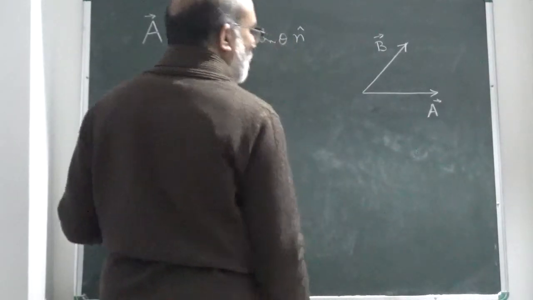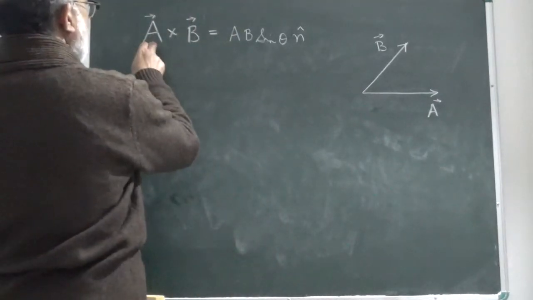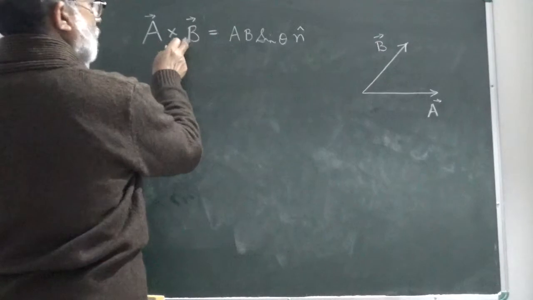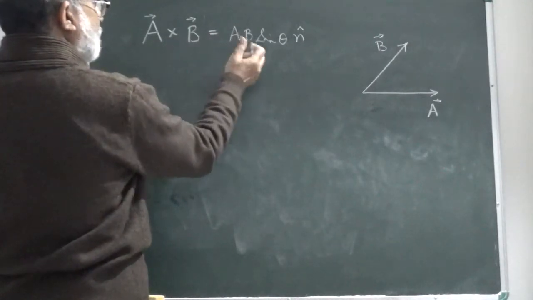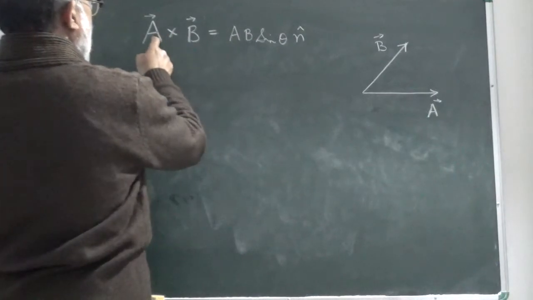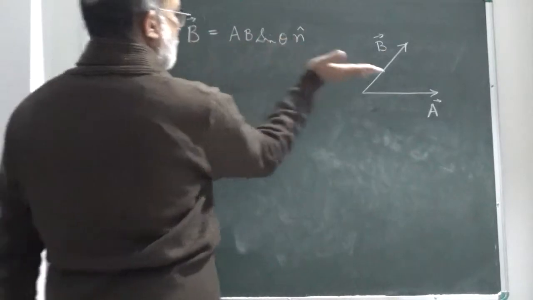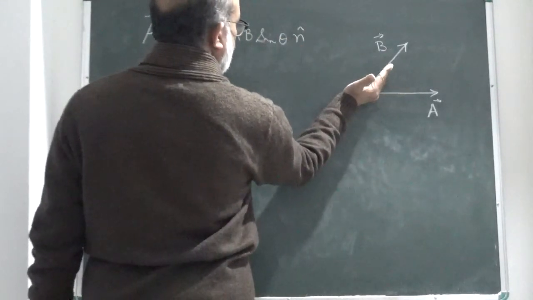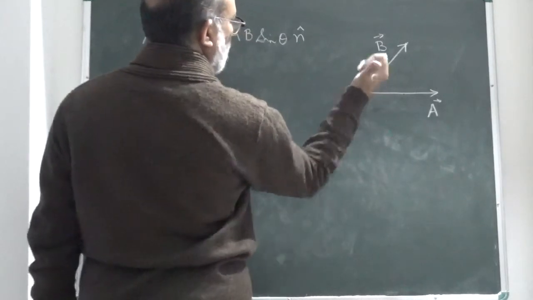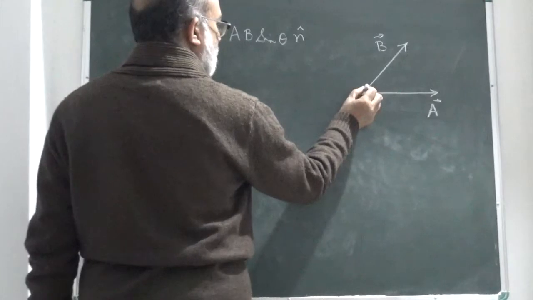Using the right hand rule, put your right palm on the first vector, rotate the fingers to align around the second vector through the smaller angle. Then the thumb will point in the direction of A cross B. So vector A is the first vector, rotate fingers to align around the second vector, the thumb will point outside the blackboard. So the direction of A cross B is this way.